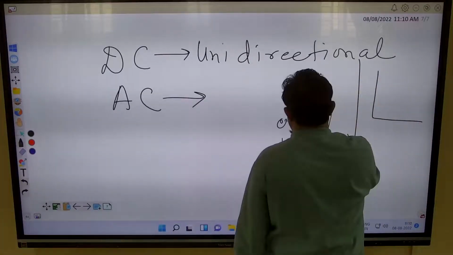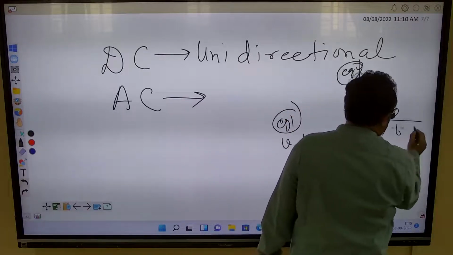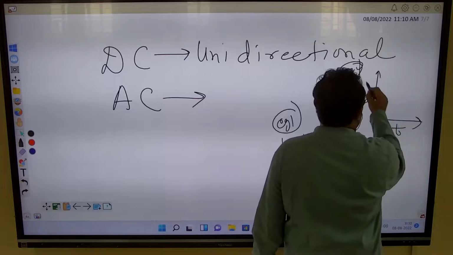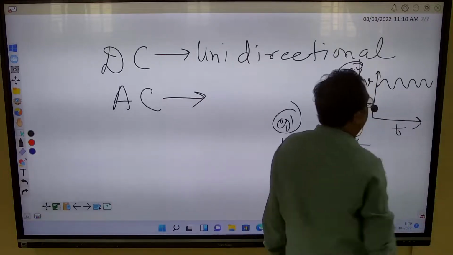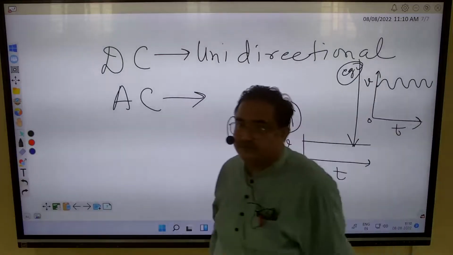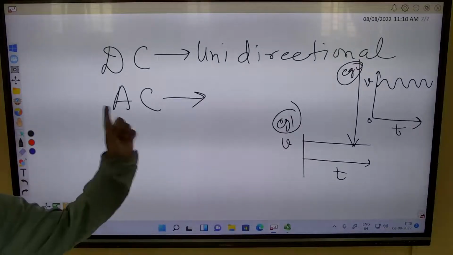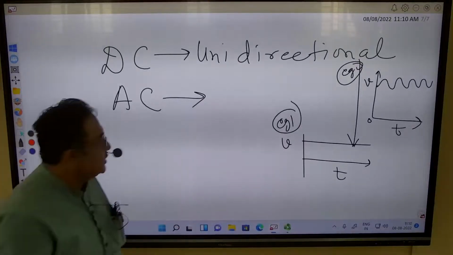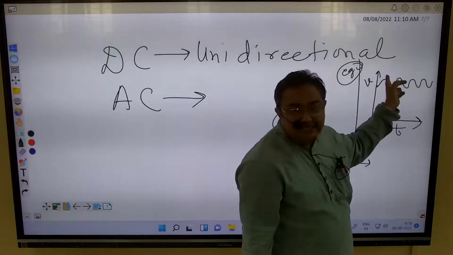This is example 1. Example 2. This is time T. This is V. Is this DC? Do you agree? Is it DC? Yes, it is DC, because it is on the positive side only, but it is pulsating.